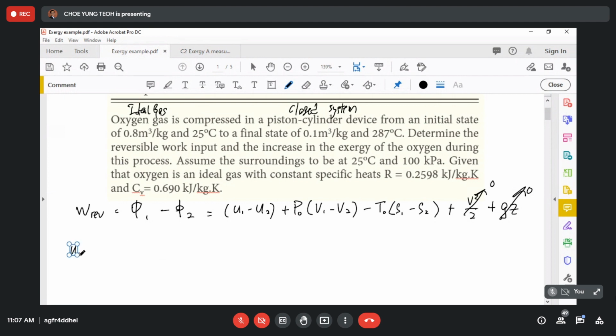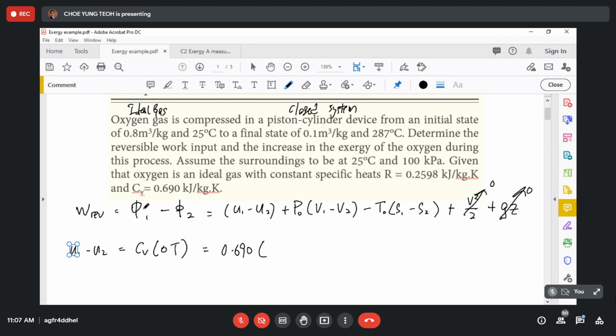U1 minus U2 will be equal to Cv delta T. So Cv is given 0.690 and delta T should be T1 minus T2. So T1 is 25 degrees Celsius, T2 is 287 degrees Celsius. Don't state that it must be bigger minus smaller. You have to follow this. If I put 1/2, you must always use 1/2. Later I will explain in detail what's the meaning here.